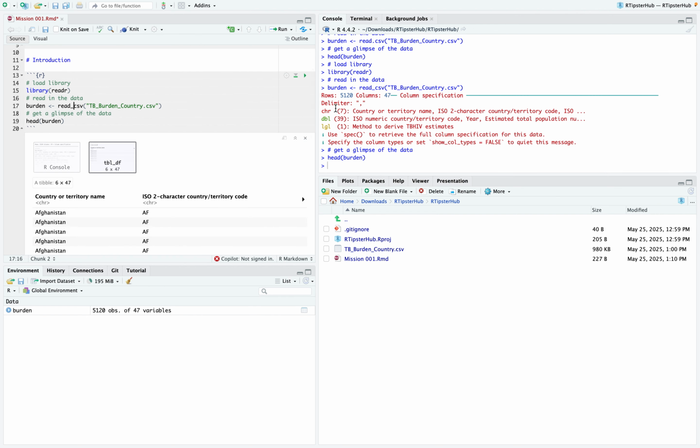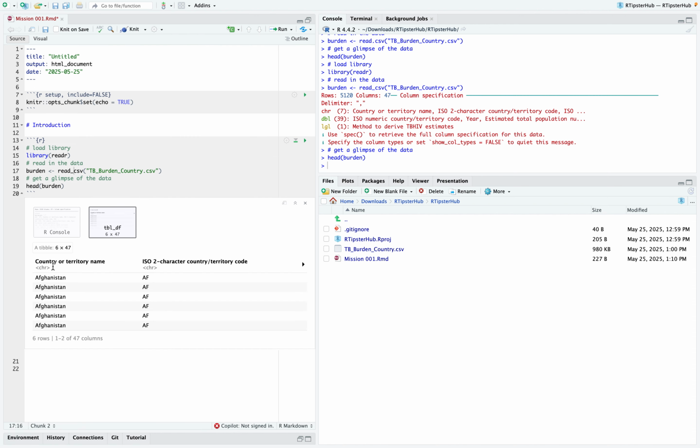You see it gives more information about what we have: 5,120 rows and 47 columns. If you look at the column names, they have better readability compared to what we had.